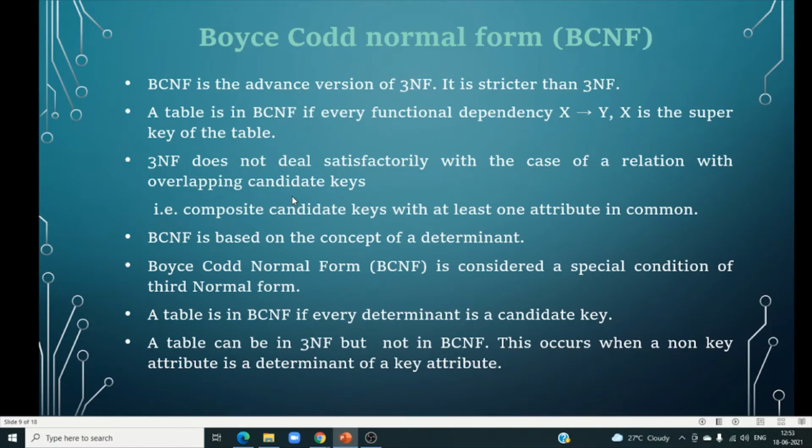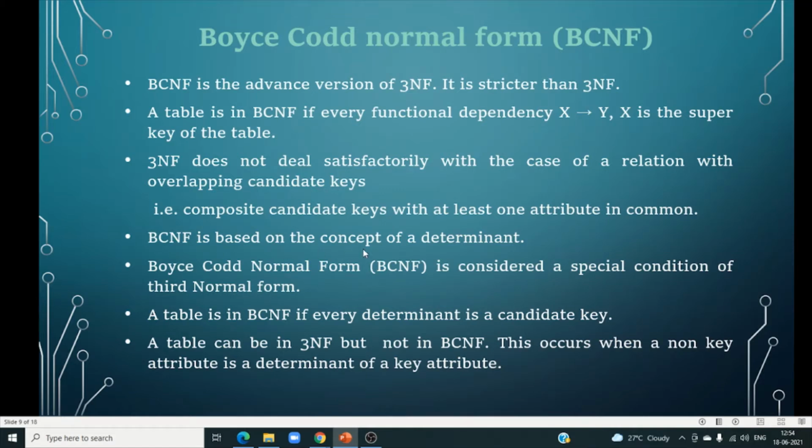That means composite candidate keys with at least one attribute in common. Composite key means multiple attributes can be defined as the candidate key. In that case, the attribute must be common when we are defining the candidate key.